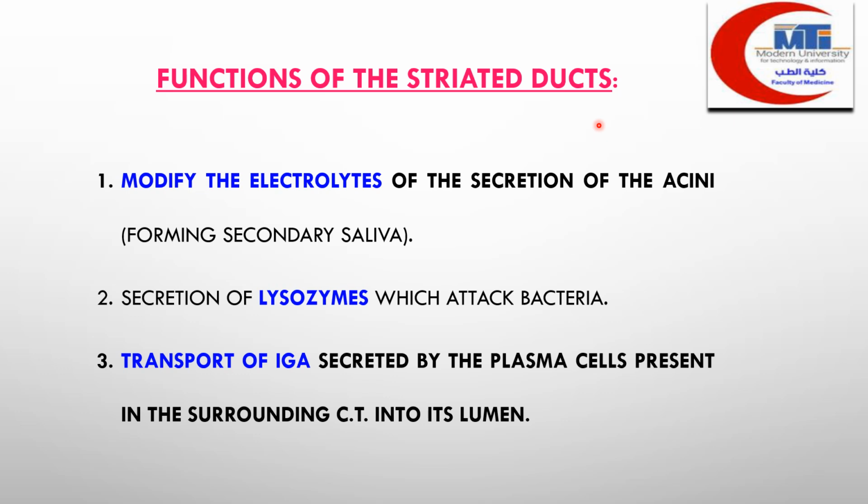Also, striated ducts secrete lysozymes which attack bacteria, and are also involved in transport of immunoglobulin A secreted by the plasma cells which are present in the surrounding connective tissue and secrete into the lumen.